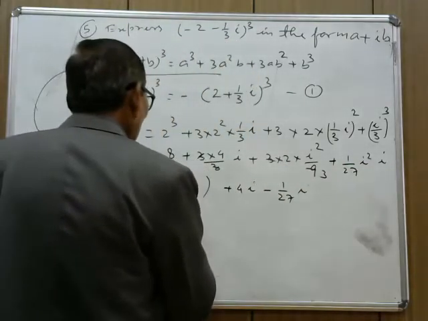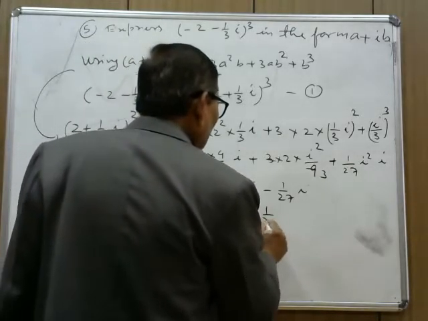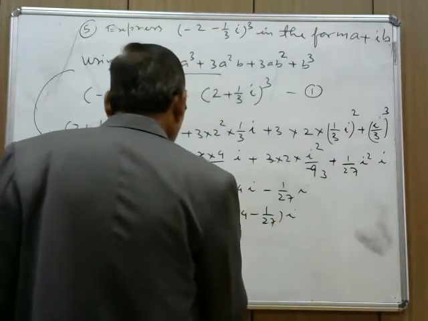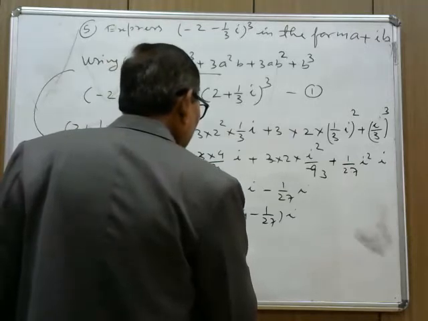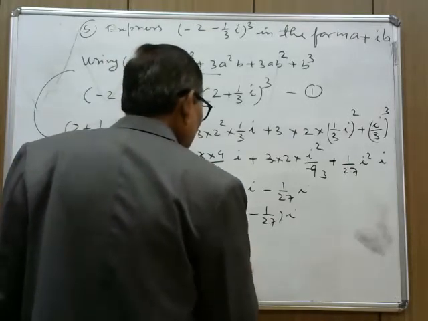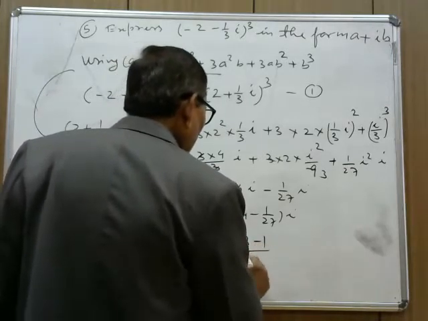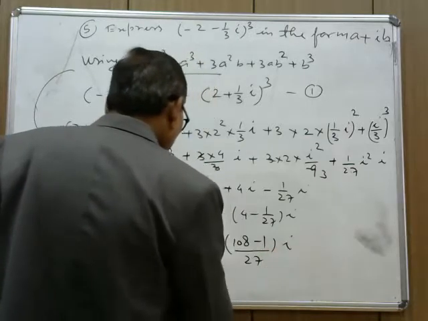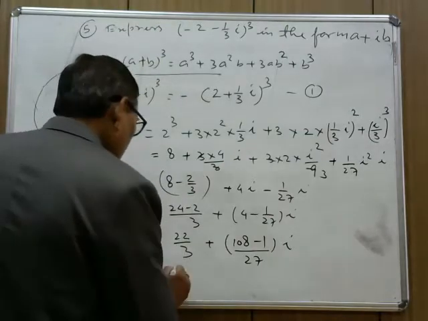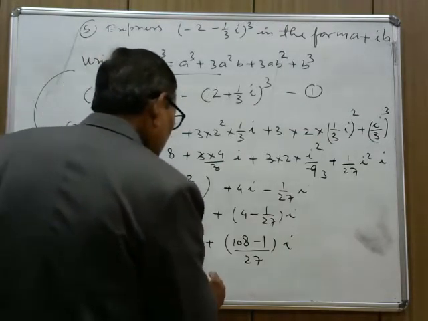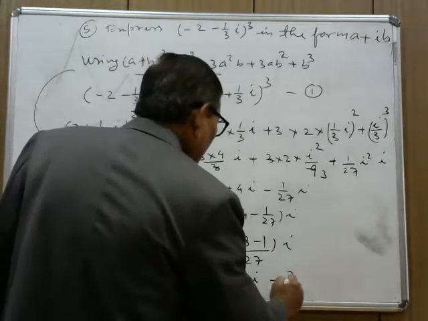So it is 24 minus 2/3 plus (4 minus 1/27) into i, that is 22/3 plus (108 minus 1)/27 i. So you can write 22/3 plus 107/27 i. This is 2.